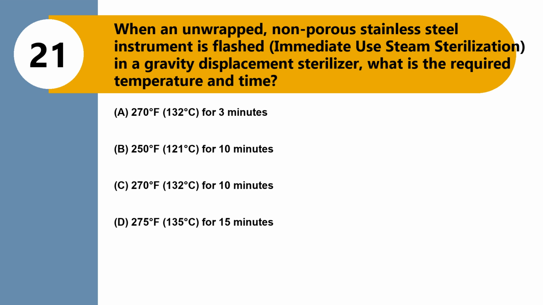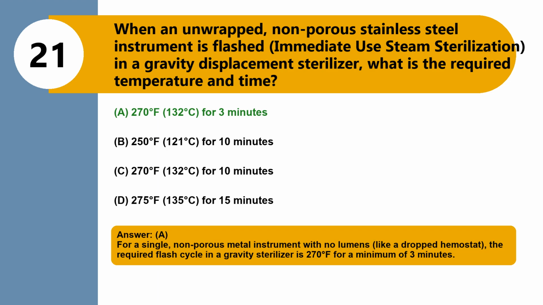Option D. 275 degrees Fahrenheit, 135 degrees Celsius, for 15 minutes. The correct answer is option A, 270 degrees Fahrenheit, 132 degrees Celsius, for 3 minutes. For a single, non-porous metal instrument with no lumens, like a dropped hemostat, the required flash cycle in a gravity sterilizer is 270 degrees Fahrenheit for a minimum of 3 minutes.